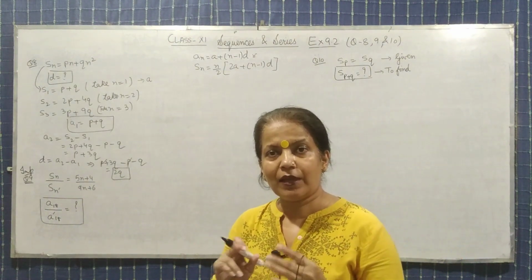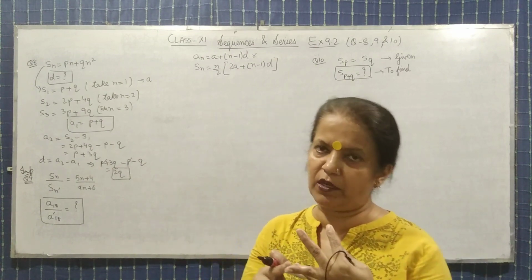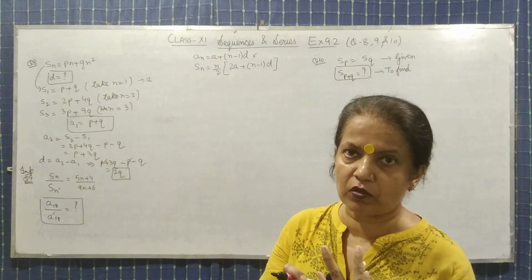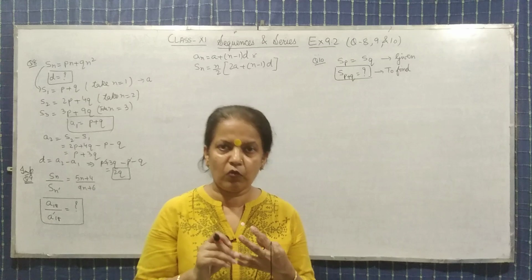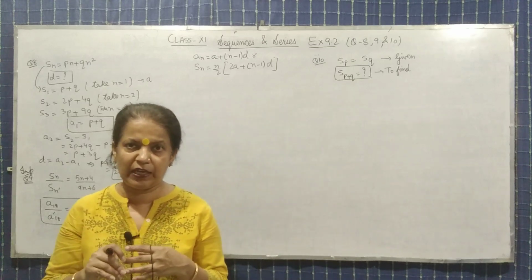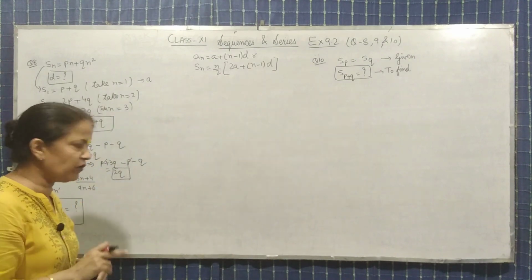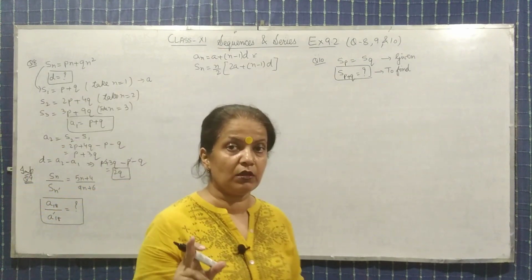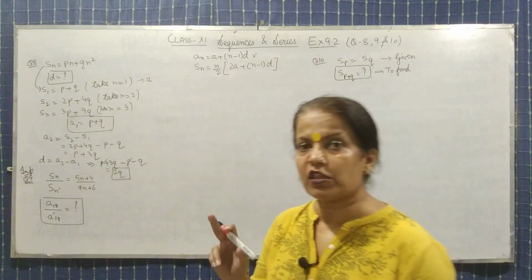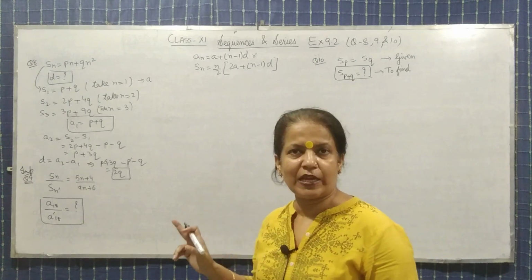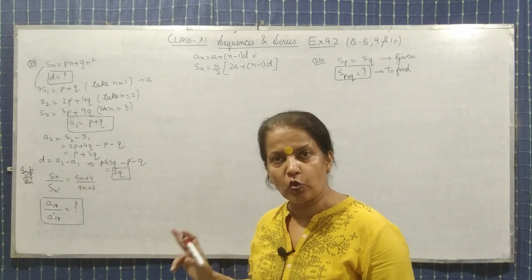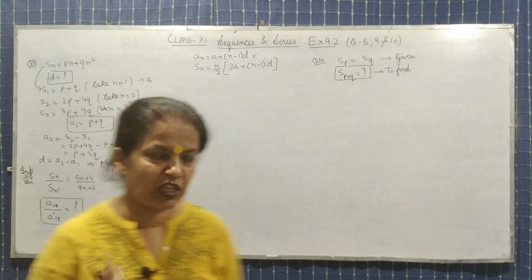So it means the first term and the common difference might be different also. So we will take a and d with different notation for both the APs, but the number of terms will remain the same because it is written in the question: sum of first n terms of two APs.